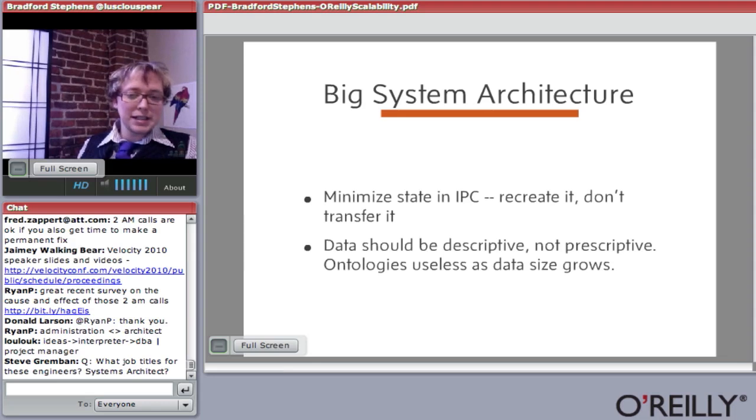Another thing is that data really needs to be descriptive and not prescriptive. What that means is that data needs to be self-describing as much as possible. In a traditional SQL Server world, we're used to having files or schemas that say this table has integers in this column, strings in another column, varchars here, and so on. But a lot of times, if you're having to pull together data from Flickr or from Twitter and your internal processing network, you're not going to have access to those schemas, or those things are going to change so quickly that the column customer may mean something one day and another thing the next day.